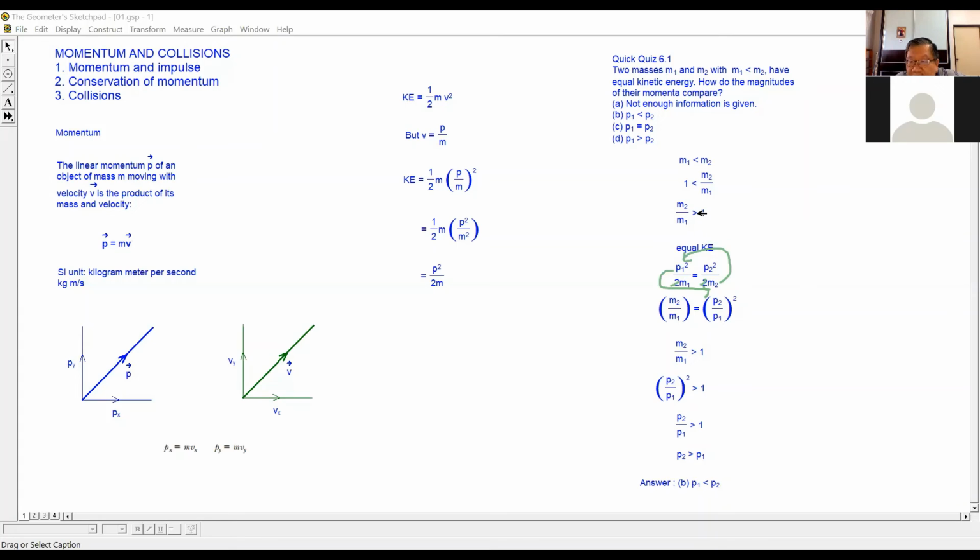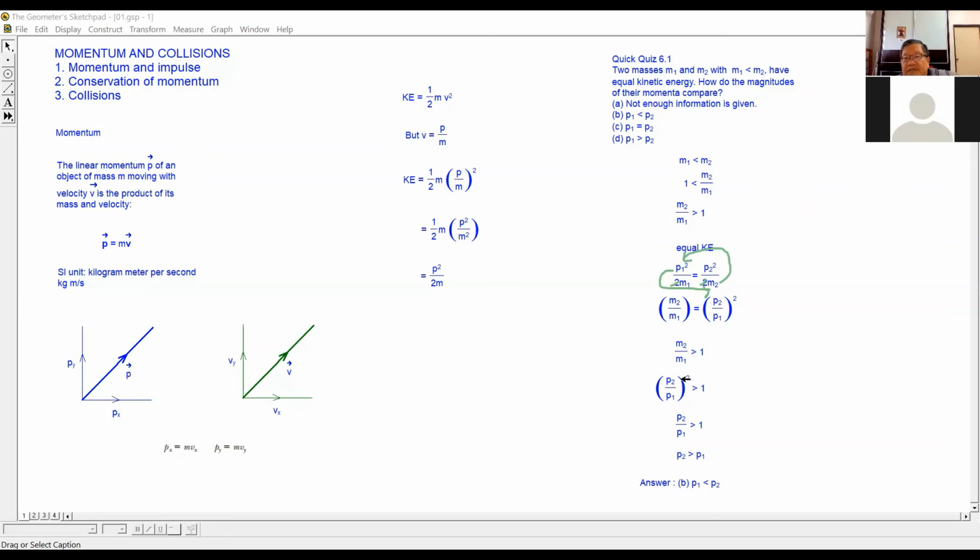Now from what we have seen earlier, M2 over M1 is greater than 1. But this M2 over M1 is actually P2 over P1 square. So instead of writing M2 over M1, I write P2 over P1 square. We have found out mathematically they are the same.